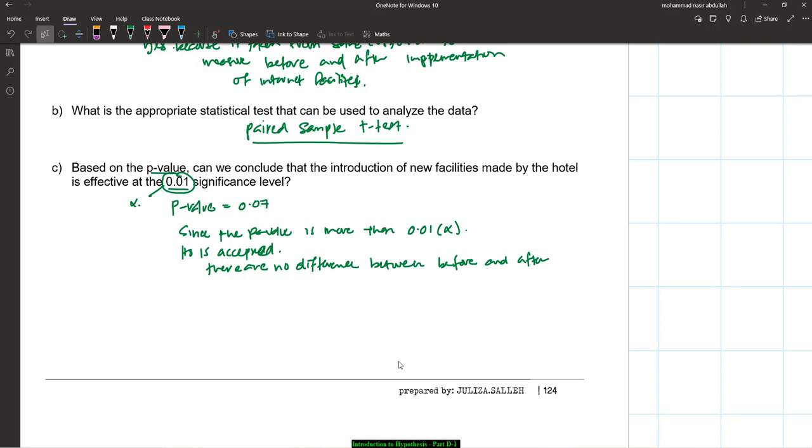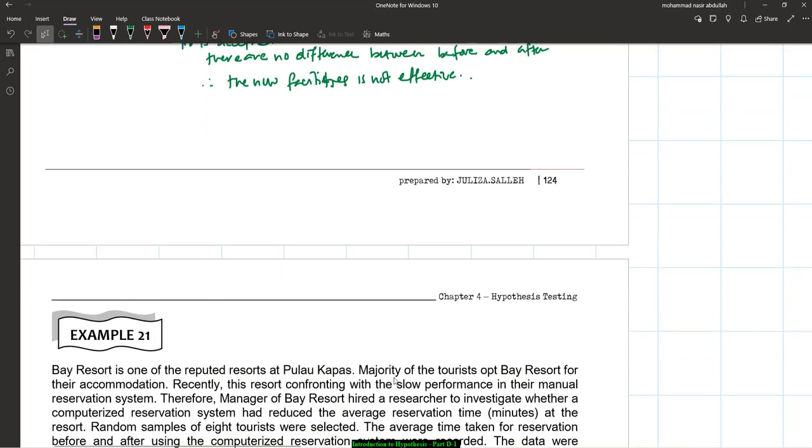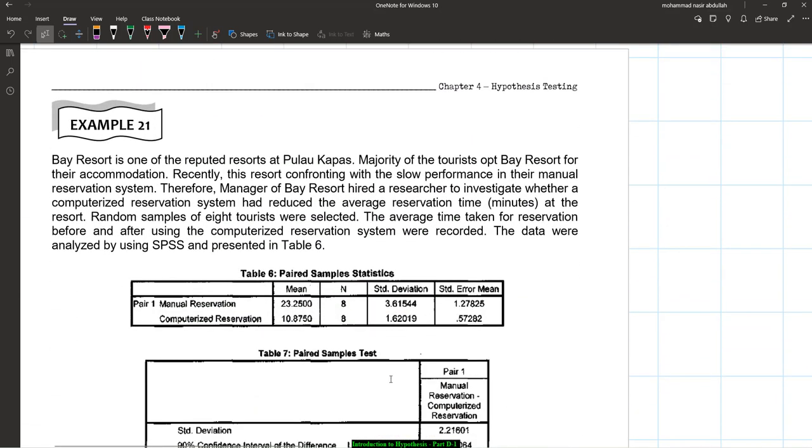So then we can say that the new facilities is not effective, right? Because there is no difference before and after, right? Okay. So this is for question number 20.